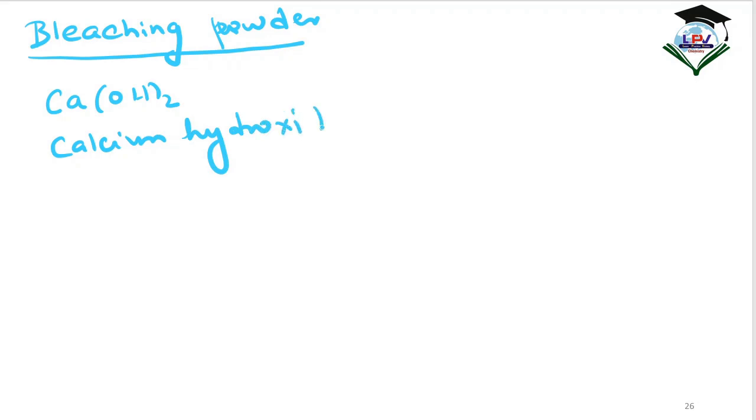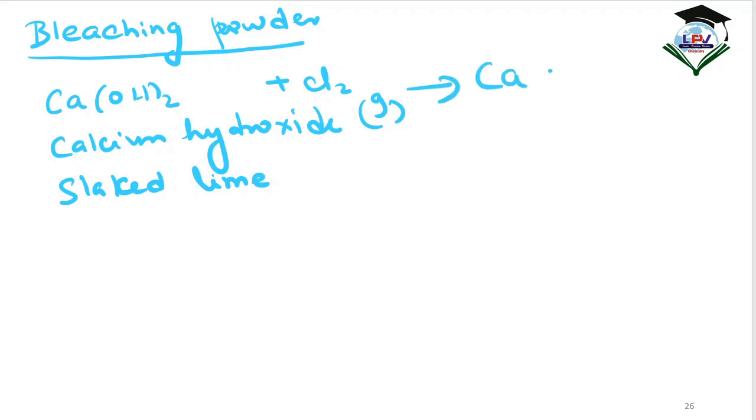When slaked lime or calcium hydroxide is treated with chlorine, it gives calcium oxychloride. This calcium oxychloride is bleaching powder.